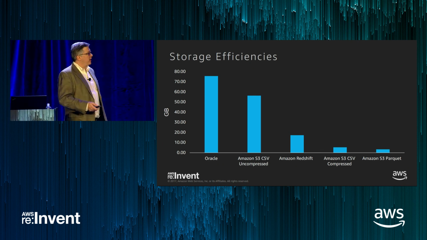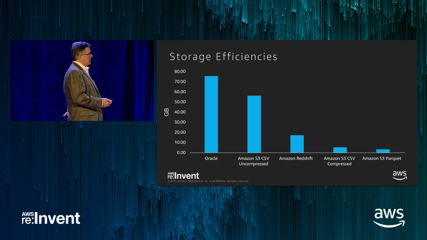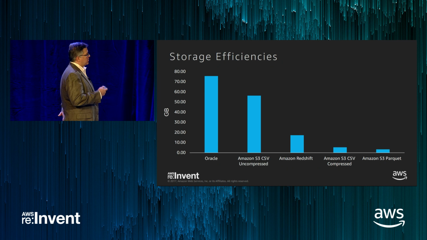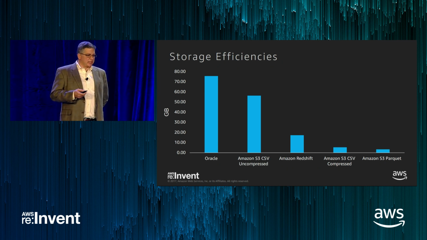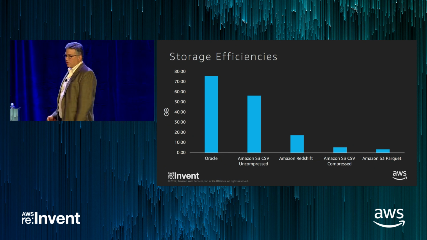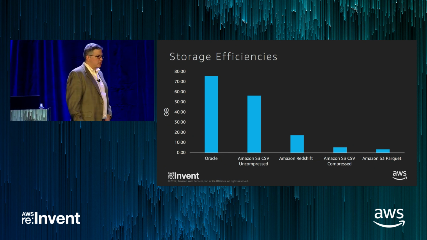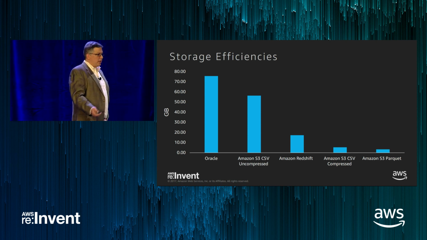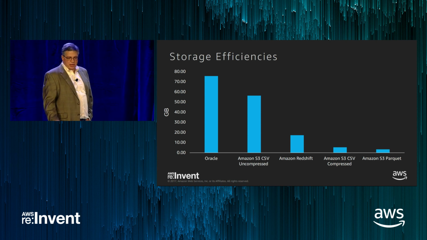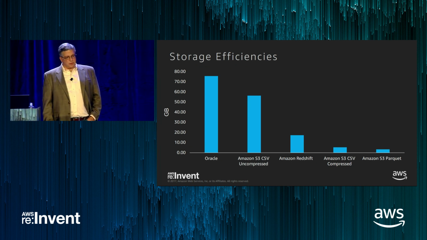For the price of about 9 gigabytes, I have a historical archive and I have data sitting in a data lake versus my 76 gigabytes for the data sitting in Oracle. So I'm going to save in my storage cost. And your mileage is going to vary because some of your data sets are going to compress better than others, and you might have various compression options on your databases, but either way, I'm betting that you're going to save on your storage cost.